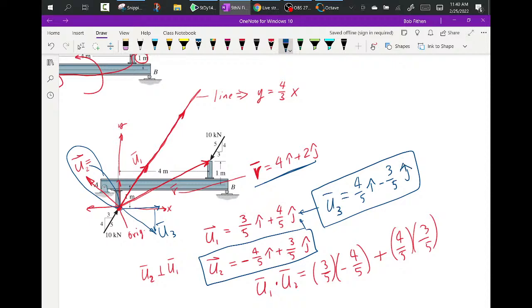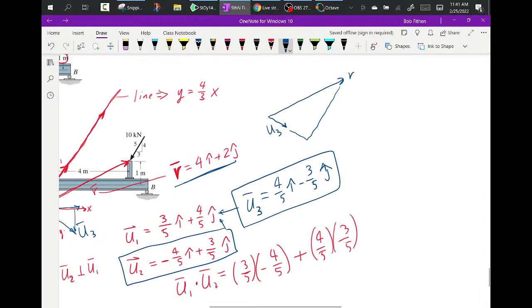So if I dot these, let's see if I write this out. Here's r. Here's the unit vector, u3. And let's make a triangle here. Now, if I'm going to dot this, in other words, r dotted with u3, what do I get?